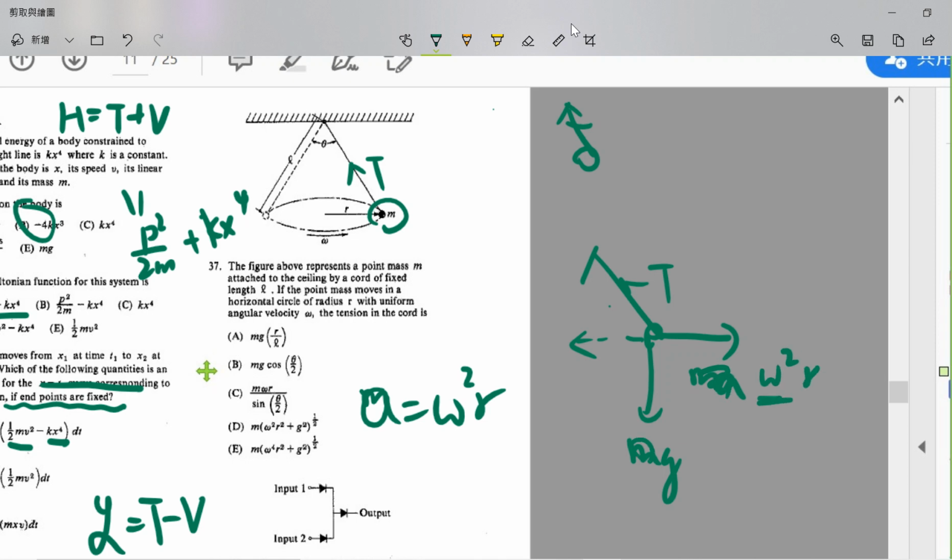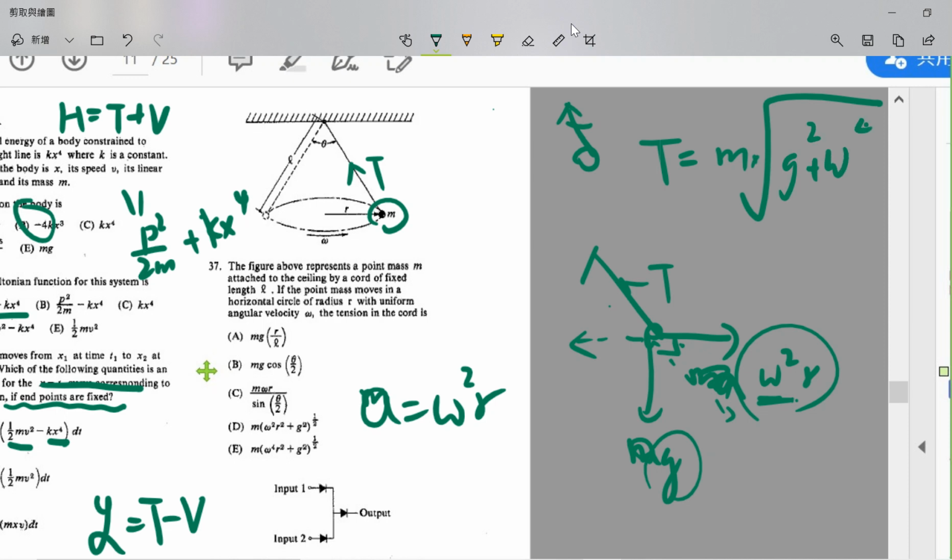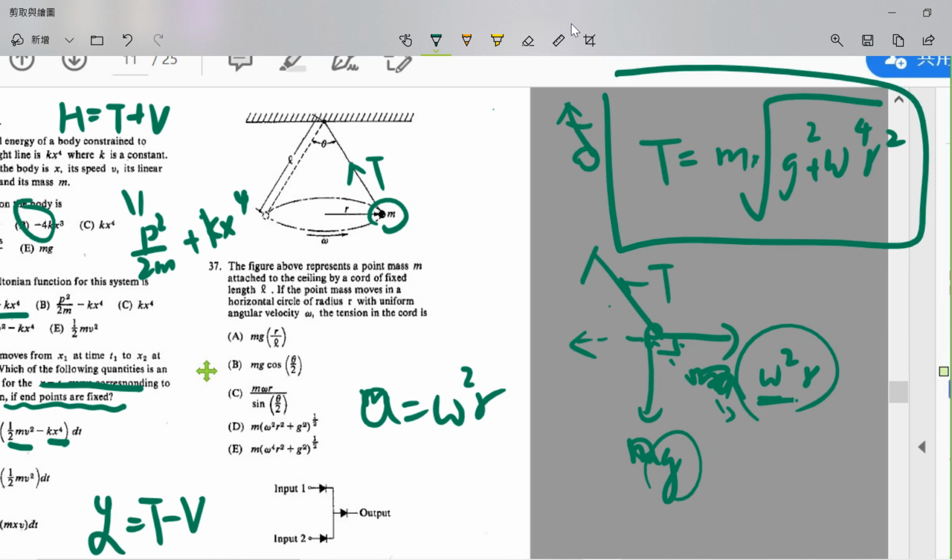So your total acceleration comes from g and omega squared r, but they are orthogonal. So T should be m times their total magnitude. So it's the square root of g squared plus omega to the fourth times r squared. So this is the answer. So this is E.